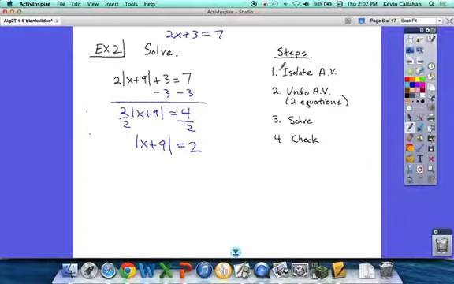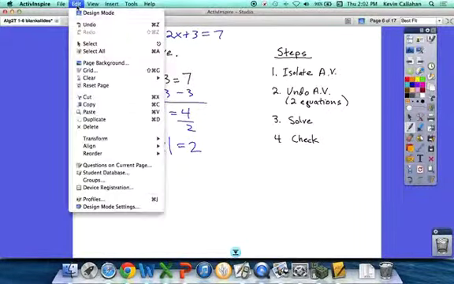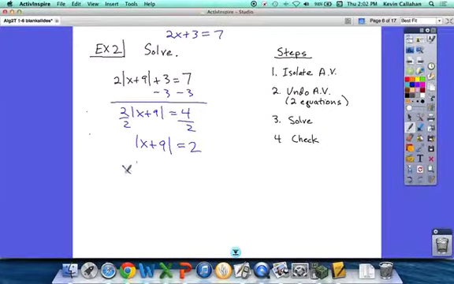The second step, now we're going to undo it. We're going to do something to get rid of the absolute value, which means write two equations. What are the two equations? X plus 9 either equals 2 or it equals negative 2, because when you put the absolute value around it, it'll both equal 2. So write it down like this: x plus 9 equals 2, x plus 9 equals negative 2.